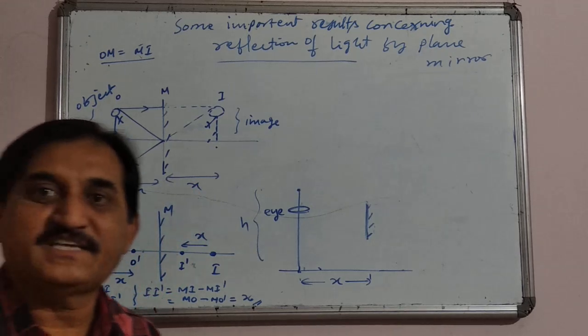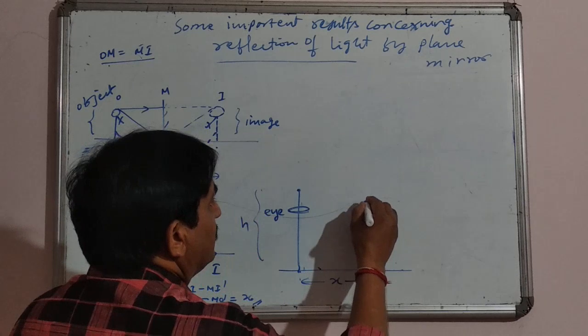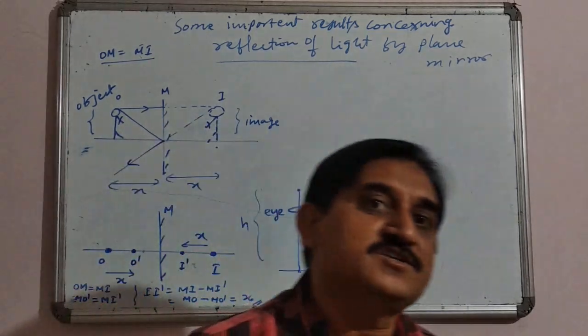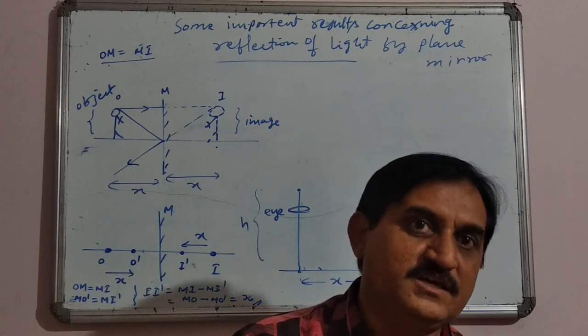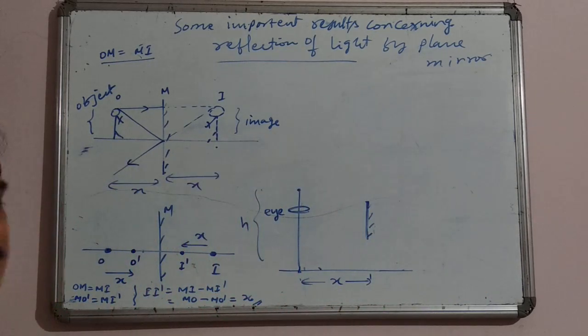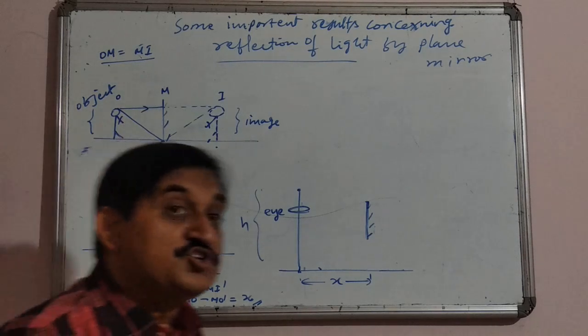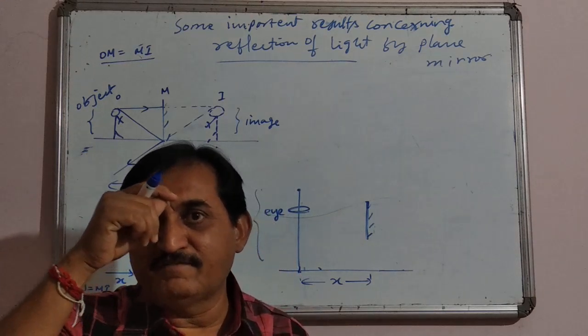What will be the size of the mirror required? Keep in mind the position at which the mirror is to be kept to see the full image of the person. There is a condition that the upper edge of the plane mirror should be just above the eye level, that is, at the level of the forehead.